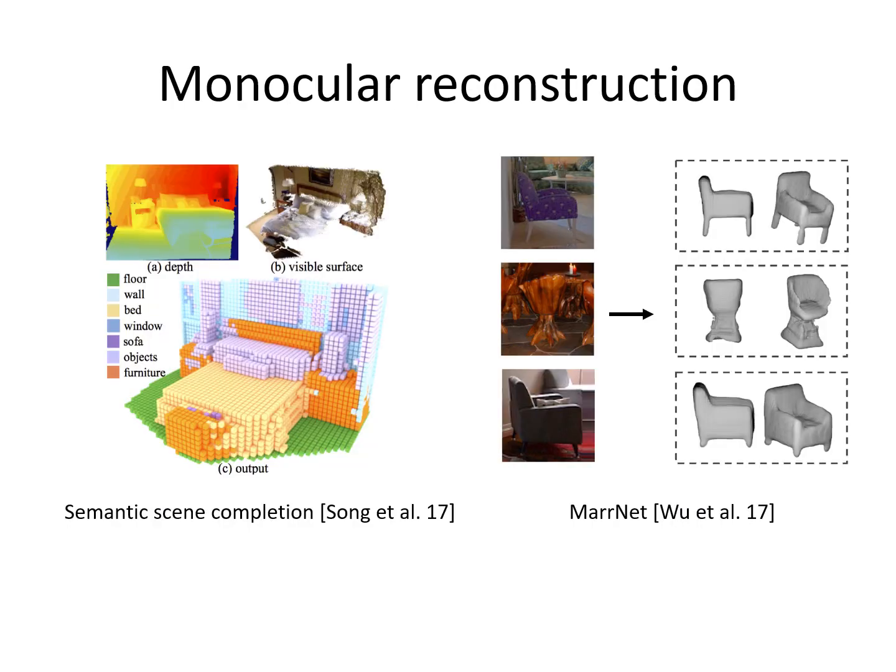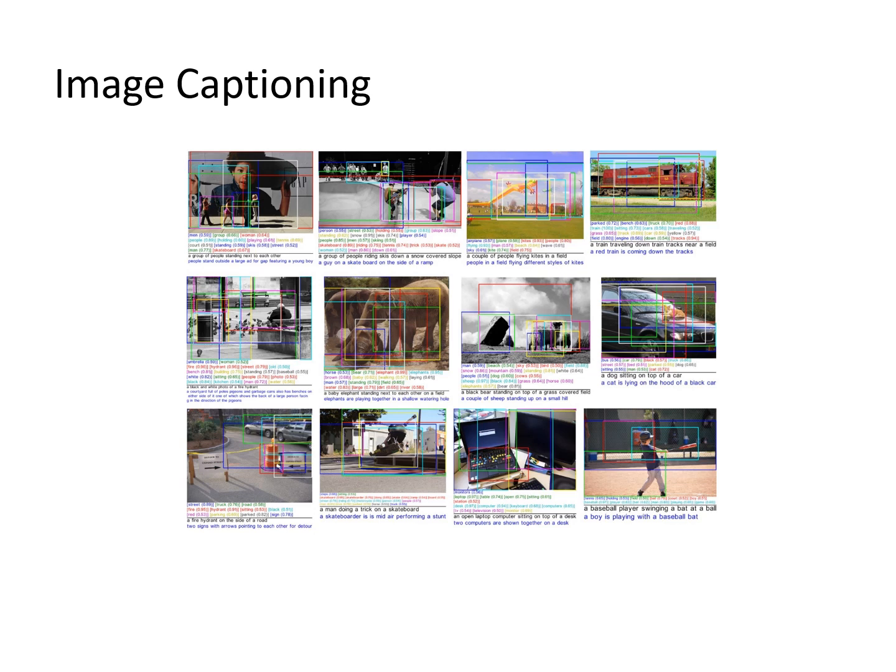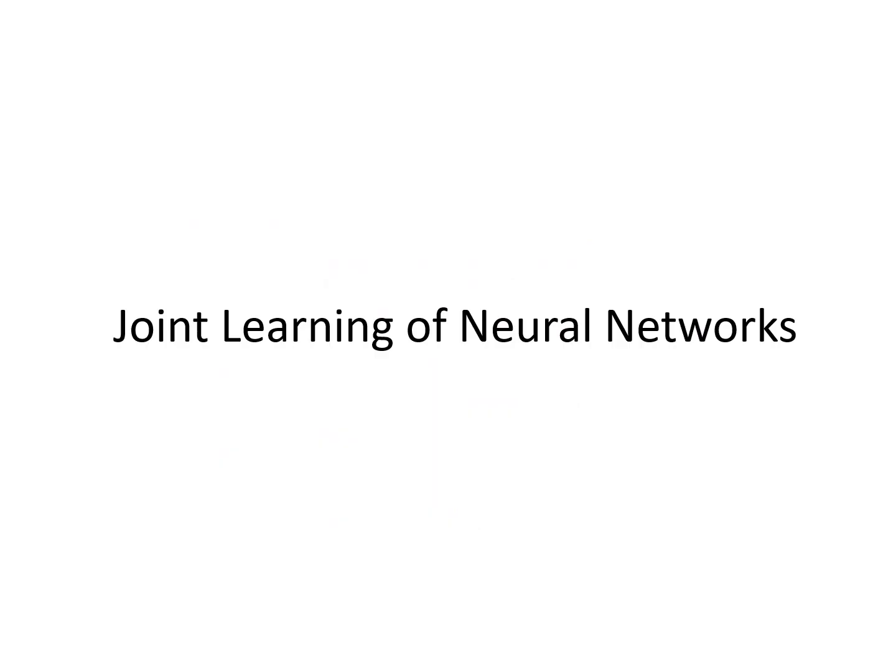For example, monocular reconstruction takes an input image and outputs a complete model; we can consider this a map from the space of images to the space of 3D models. Image captioning maps the space of images to the space of natural language descriptions.